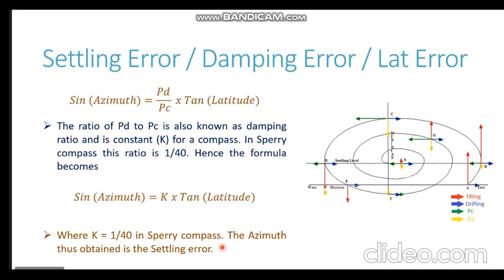Now, as far as our questions are concerned, if the damping ratio of a compass is provided to us in the question, we will use that value which is provided. They may either provide this information to us straight away, telling that the damping ratio of the compass was 1 is to 40, or they may give us some information with which it can be easily calculated.